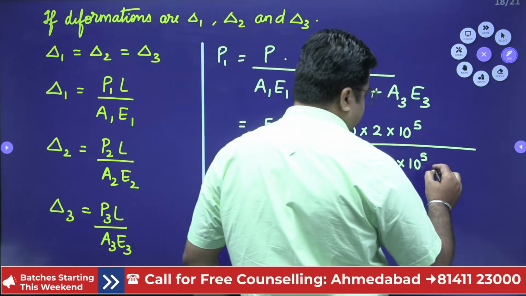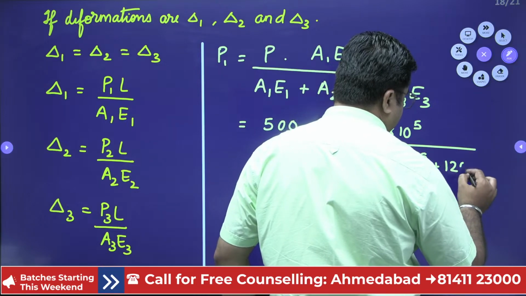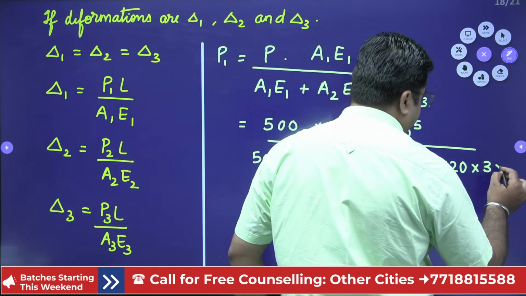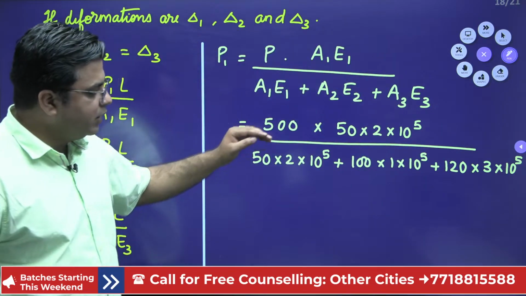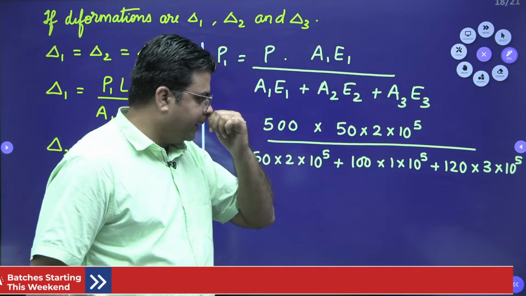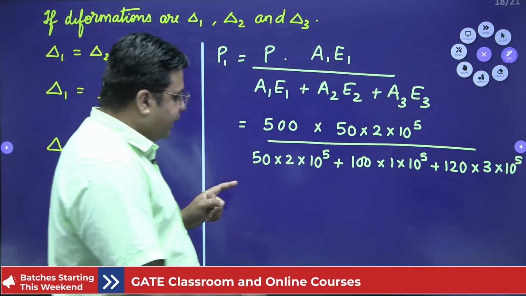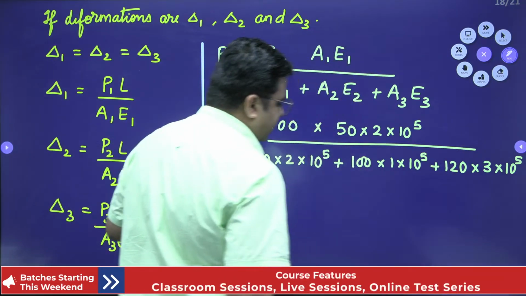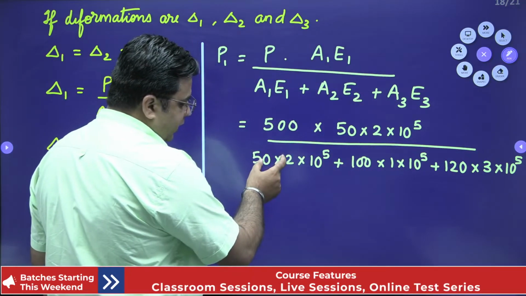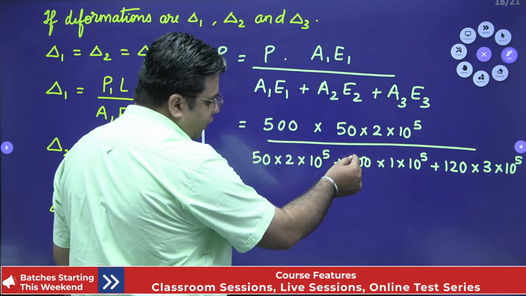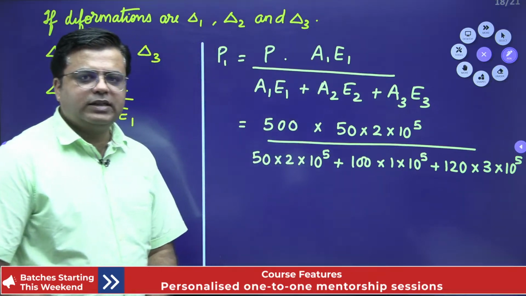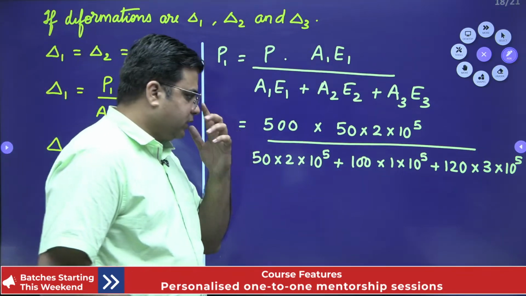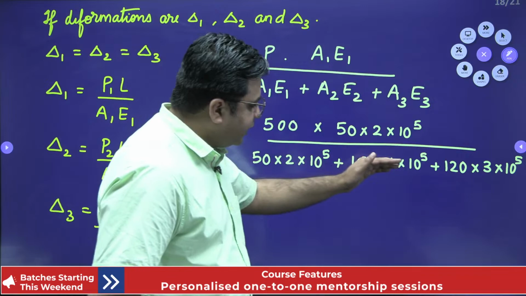This is your A1 E1 plus A2 E2 plus A3 E3, right? So first of all, let me calculate this denominator. This denominator is 100 plus 100, 200, 200 plus 360 is 560. So 560 into 10 raised to power 5.